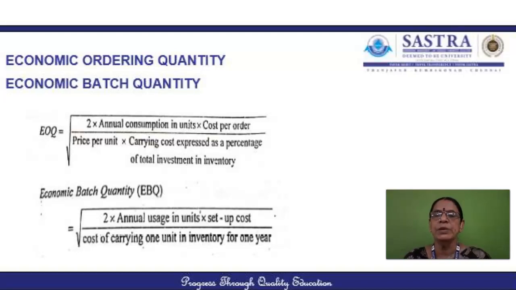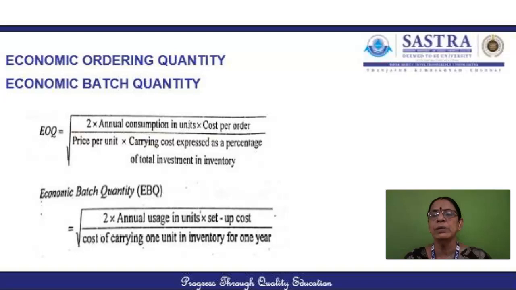The number of orders is 4,000 by 400, 10 orders. 4,000 by 500, 8 orders. 4,000 by 800, 5 orders.